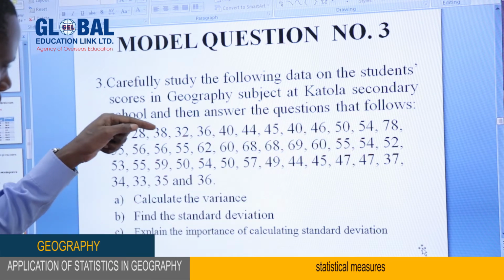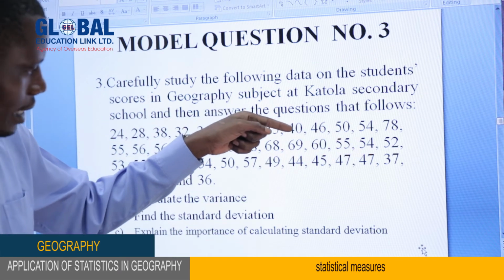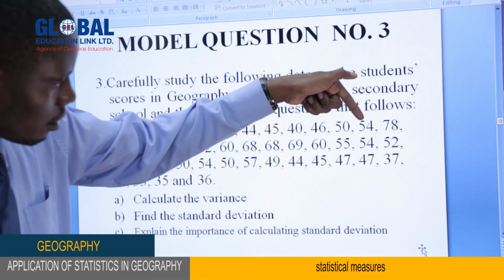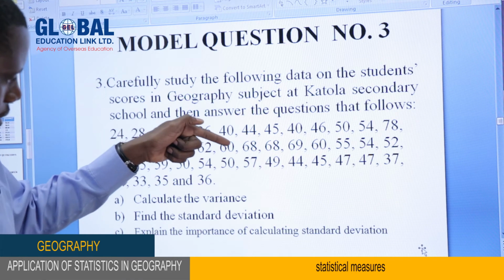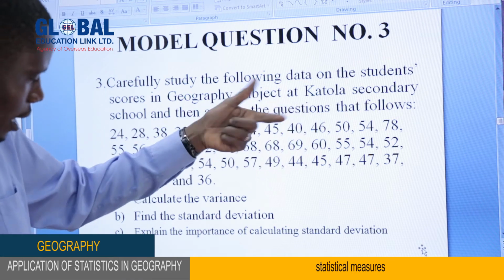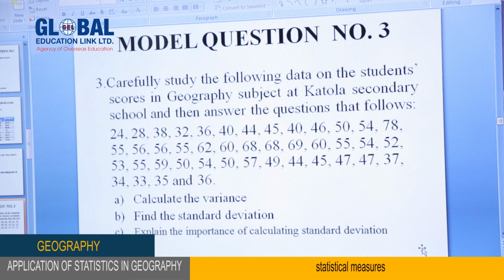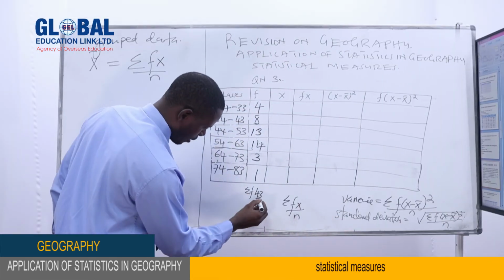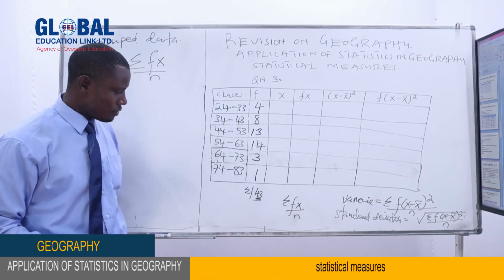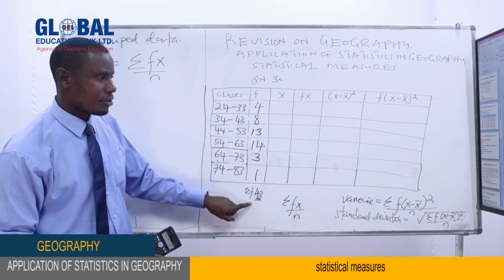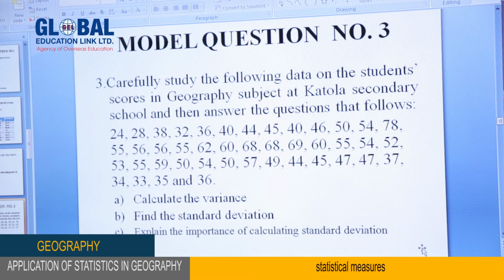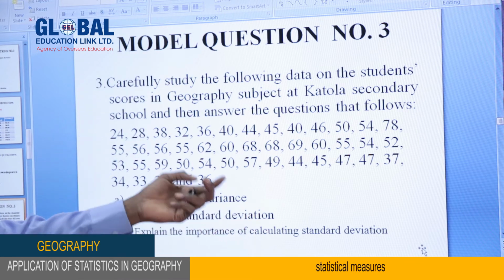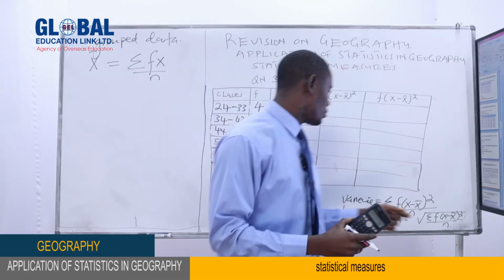So you count 1, 2, 3, up to the end. Then you come up with a total of 43. So we have 43 as the frequencies. If you do not get 43 according to the number of students in the class, it means there is a problem somewhere. But because we have 43 students and we have their scores, we say we are correct for that particular column.